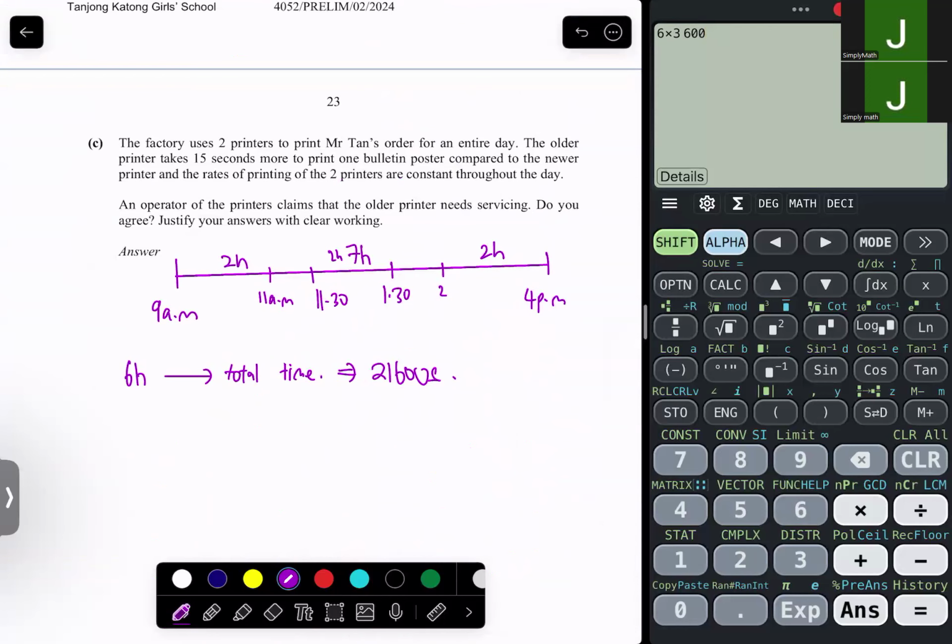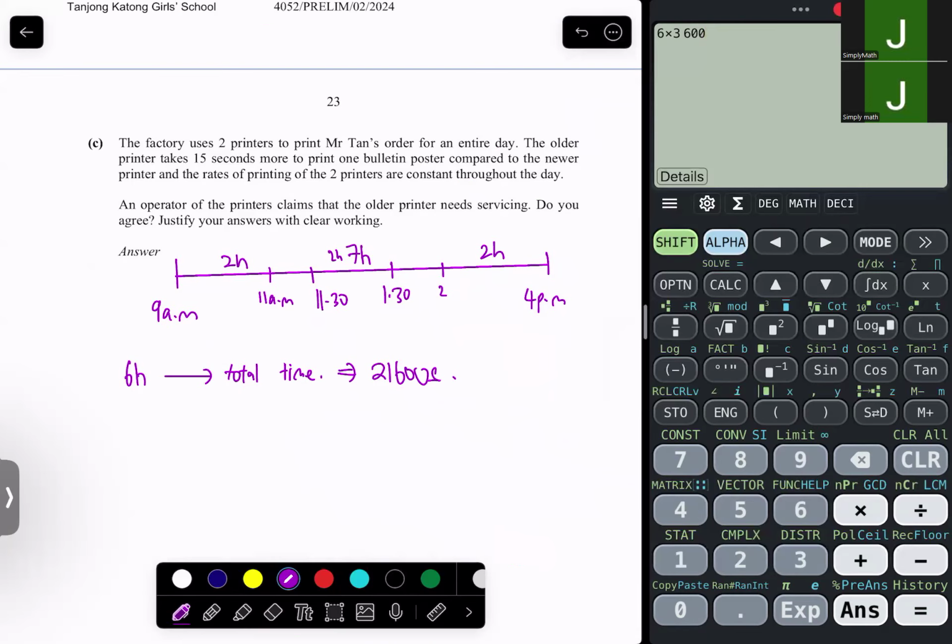Okay, so that means that we are going to assume that the printing was completed within 1 day. Okay, so in this 1 day, 1,200 was all printed exactly.